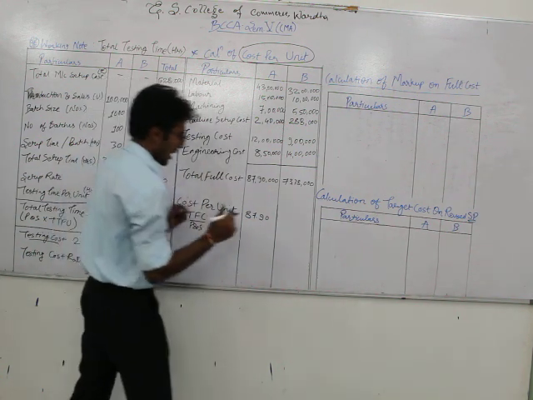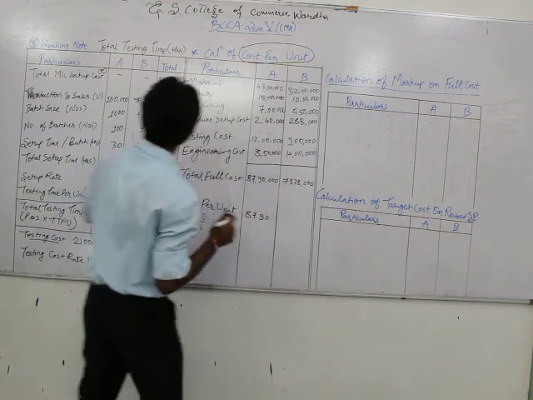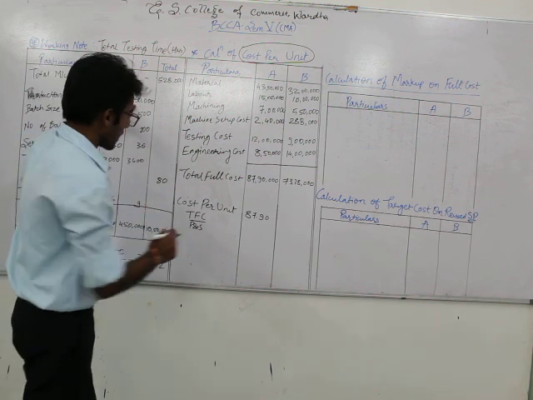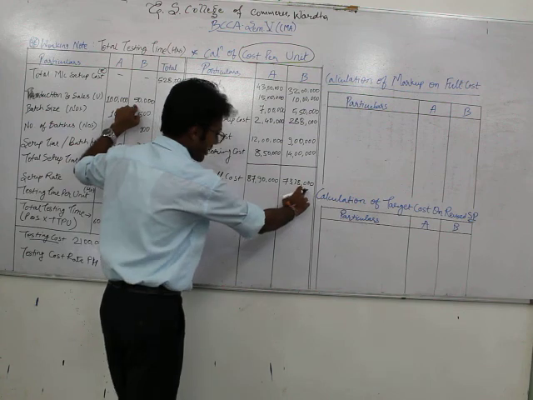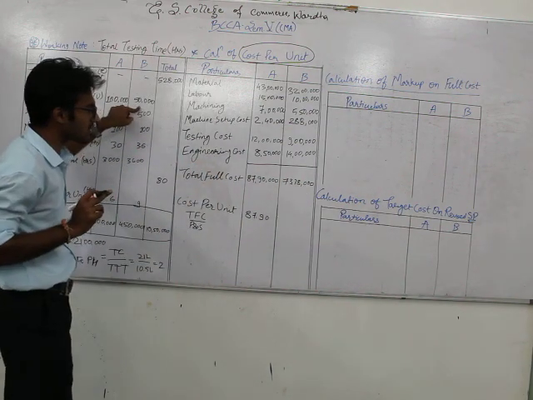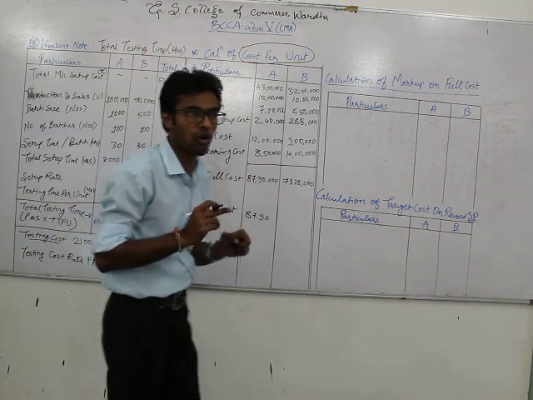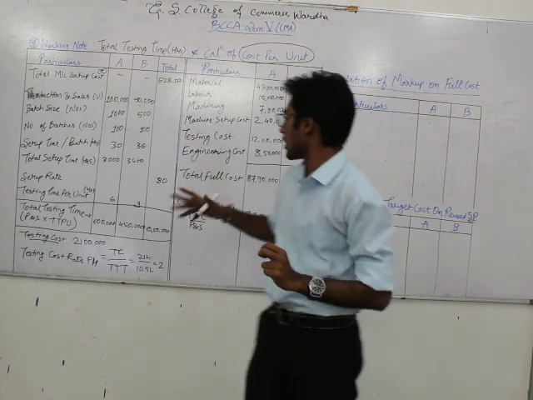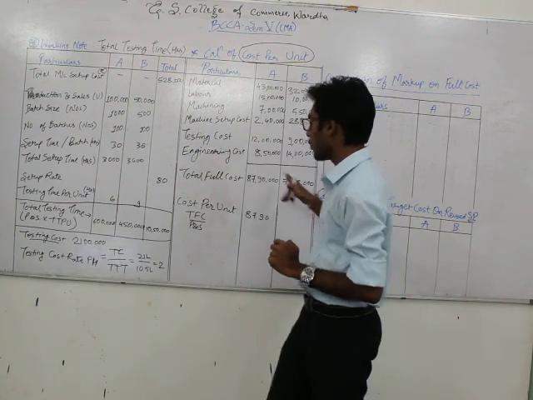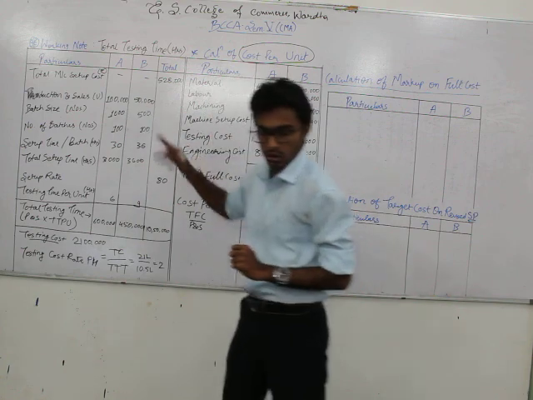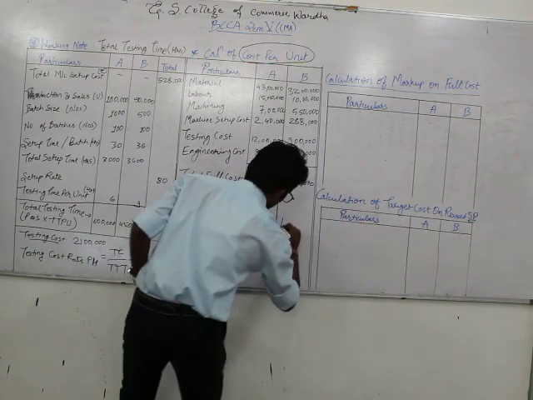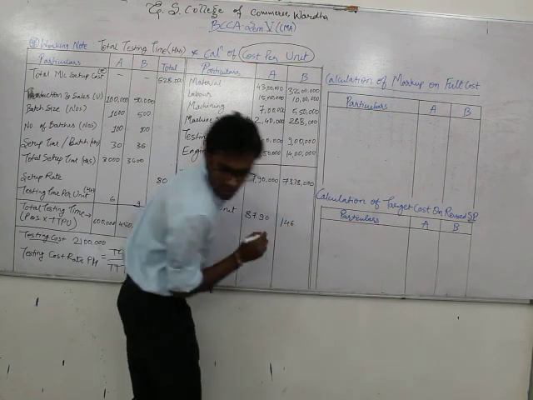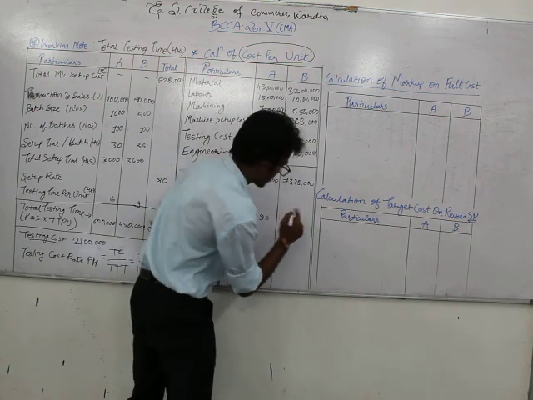And here, for B, the TFC of 73,38,000 is for 50,000 units. So what can be the cost per unit? If you divide this amount by this, you will get 146.76.